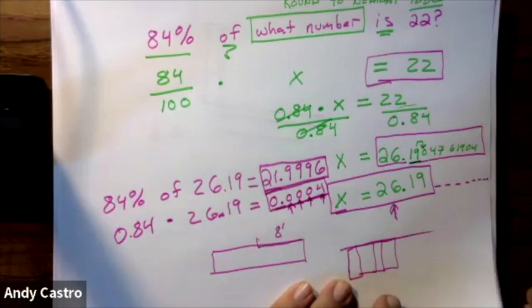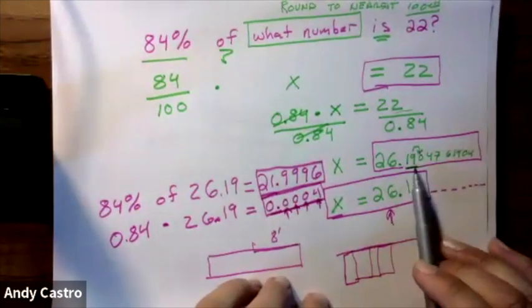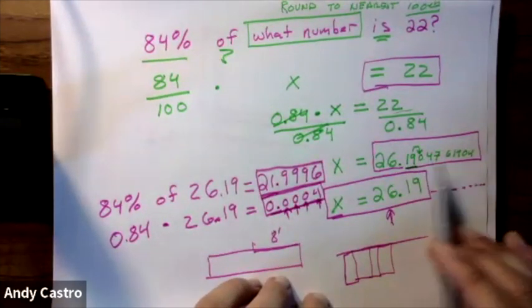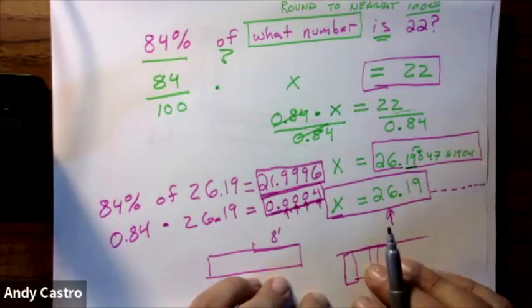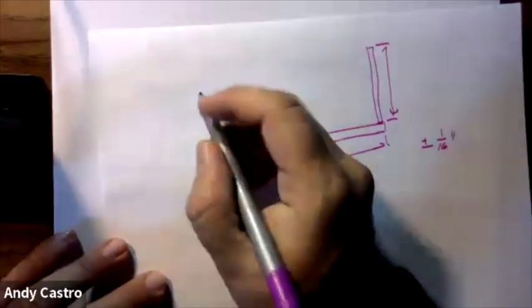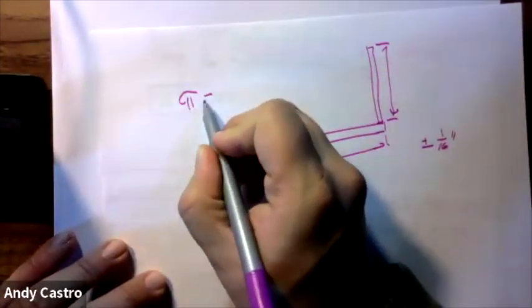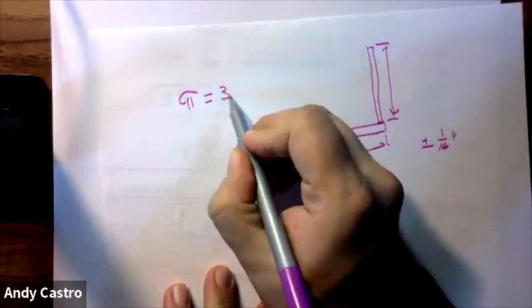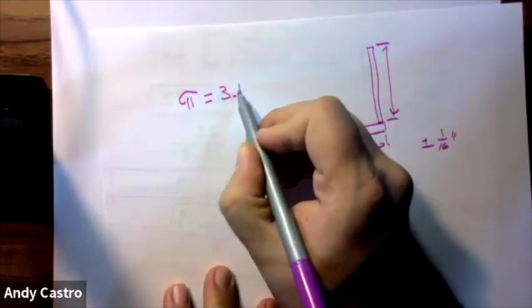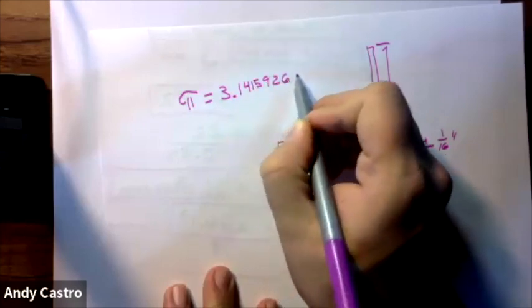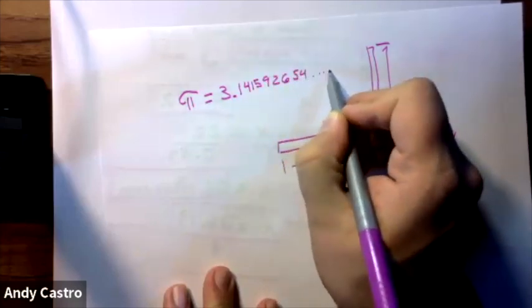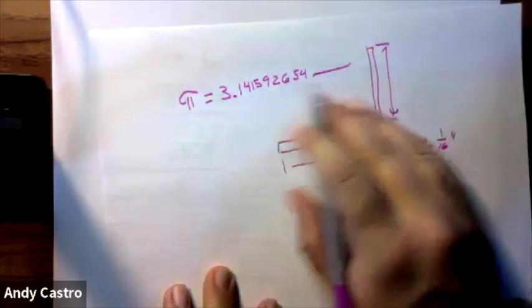And so when we do math, understand that the more decimal places we go out, the more accurate that number is. So this is one of the reasons why irrational numbers, like the number pi, are so interesting, because it does not have an end: 3.141592654, and so on and so forth.